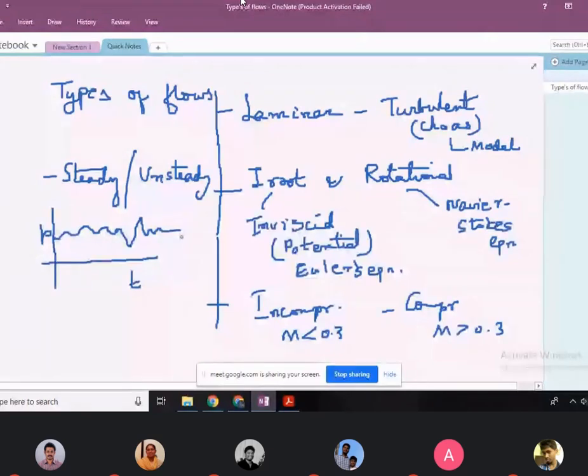Such physics is called unsteady, because there is always a component of variation of the property with respect to time, and this is not equal to 0. You always have a value for this change in the parameter. So over time, the fluid physics is varying its property. Such flows are called unsteady flows.